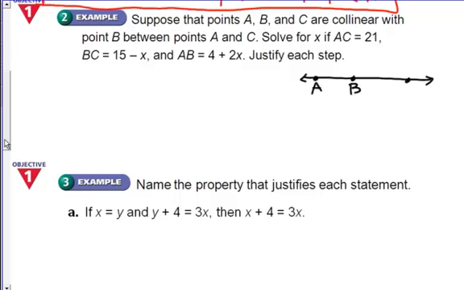A and B and C are collinear, and B is between A and C. Solve for x if AC equals 21. The whole thing is 21. BC is 15 minus x. And AB is 4 plus 2x. All right, that's my picture. I'm ready to do my problem.